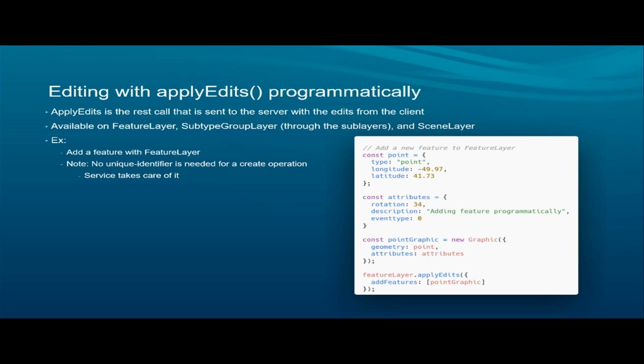So to start, here we have a code example where we set up our geometry, we set up our attributes, and the attribute field names should match the field names in the layer. We then set up our graphic, which is equivalent to a feature, so a graphic containing a geometry and attributes, and then we call featureLayer.applyEdits. So this example that we have here is just programmatically adding a new feature into an existing layer.